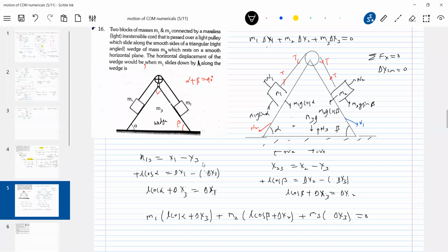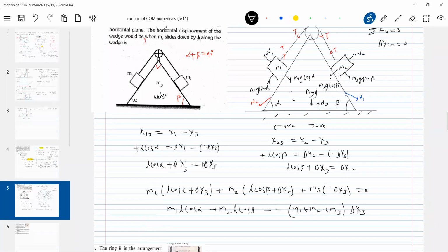Now substitute all this. So this will be M1L cos alpha, M2L cos beta minus of M1 plus M2 plus M3 delta x. You got a negative sign. What will you interpret?